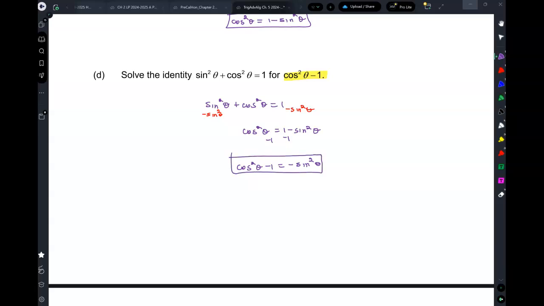Okay? What do I think about that? I think it's perfectly fine. Is the negative in front of the sine squared bothering you? Yeah. You know what? It's okay. When you solve for x, sometimes it's negative 3, sometimes it's positive 4.